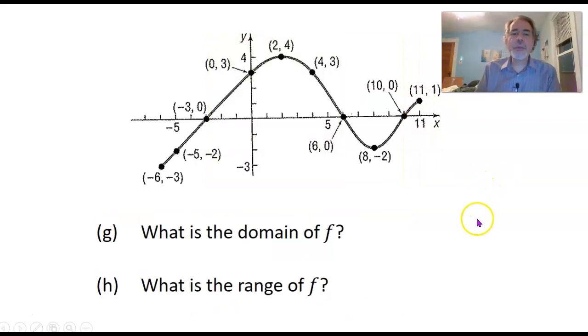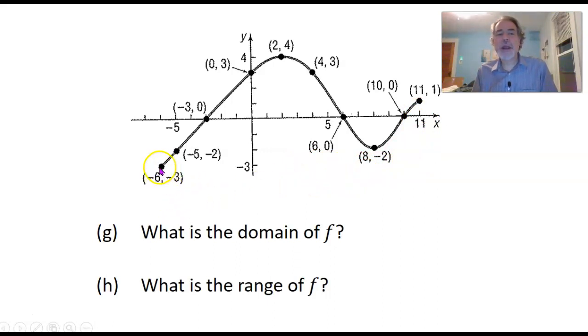So what is the domain of this function? The domain is the set of all possible values for the x-coordinate. Everything that you can put in for x. So if you look at all the points that make up this graph, they have x-coordinates that run from negative 6 over to 11.